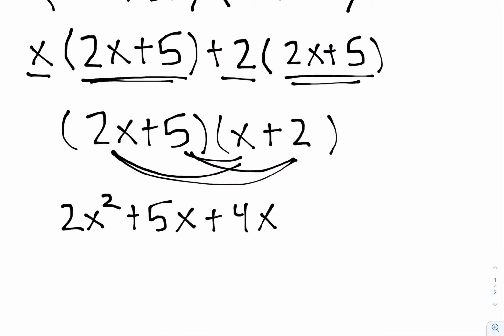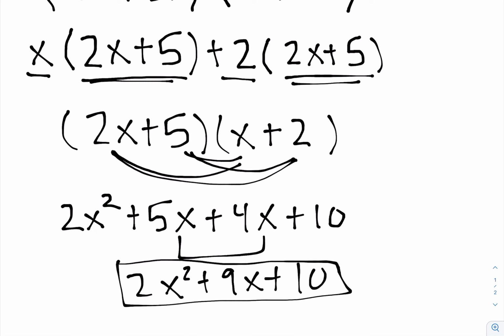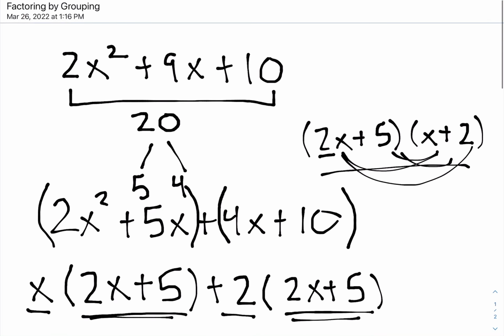And we have 5, we multiply by 2, we get 10. If we combine these together, we get 2x squared plus 9x plus 10. And that is exactly what we started with, so we know that we factored correctly. If you expand and get a different answer, then you know you went wrong somewhere in your process.